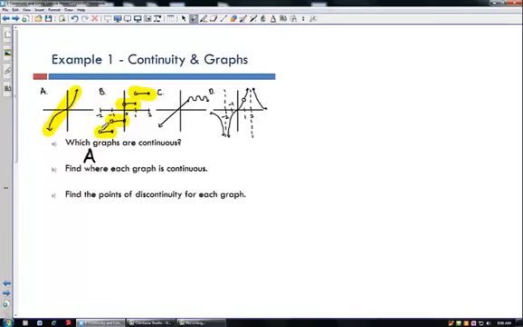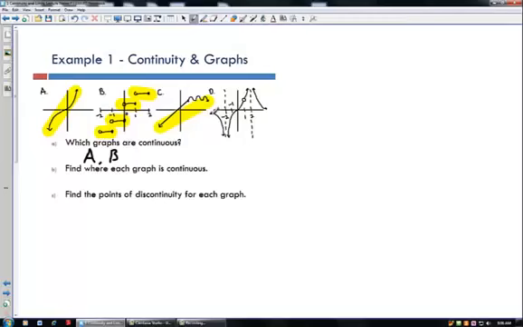So B is discontinuous. And then C, notice I can draw it even though it changes what the graph is. I can still draw it in a continuous manner. So C is also continuous. And of course, D is not continuous, and there are several reasons for this.